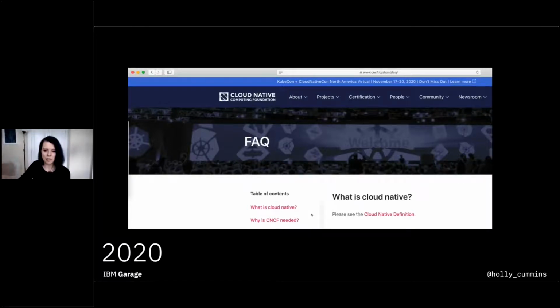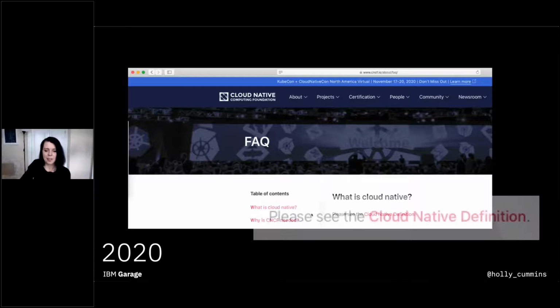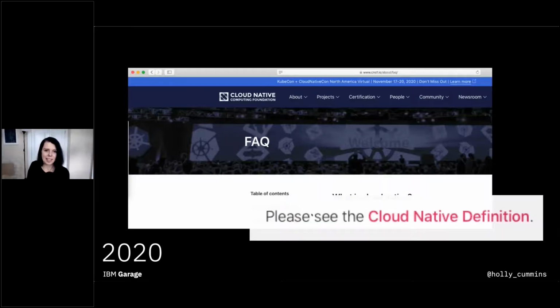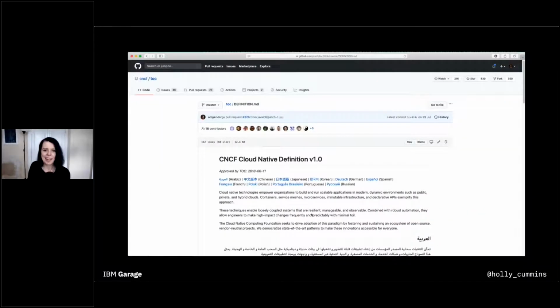You have to go off and see this cloud native definition. And if you follow that link, you get to a GitHub. And you know if something's on GitHub, then probably there's been a lot of change.